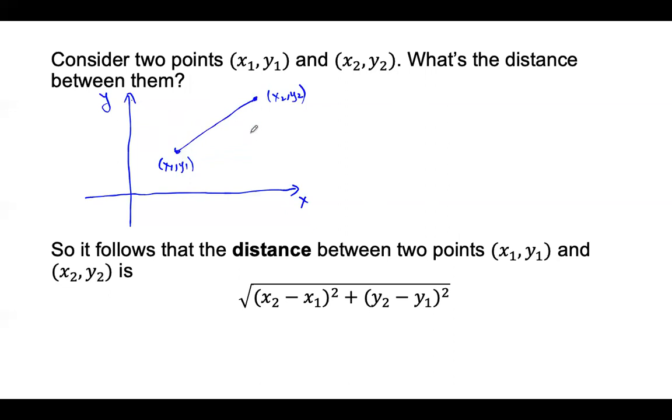Well, we could draw essentially a 90-degree triangle, where this is your first point, X1, and this is your X2. Here, projected on the Y-axis, this is your Y1, and this one would be your Y2.